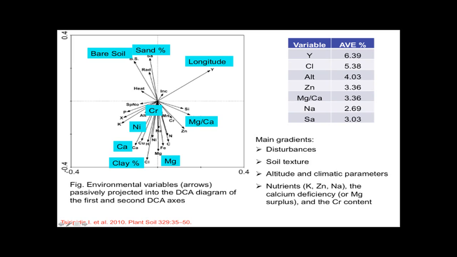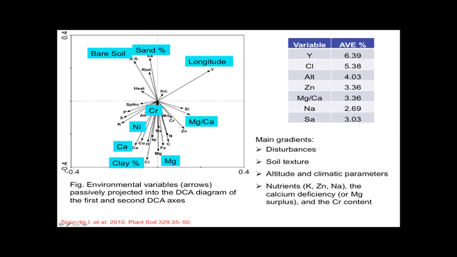This is a table from a canonical correspondence analysis we made, and here we can see the variance of vegetation differentiation explained by each factor in the CCA analysis. The first factor explaining the highest percentage of variance is the longitude. Then comes clay, altitude, zinc, then magnesium to calcium, although it explains a low percent of variance.